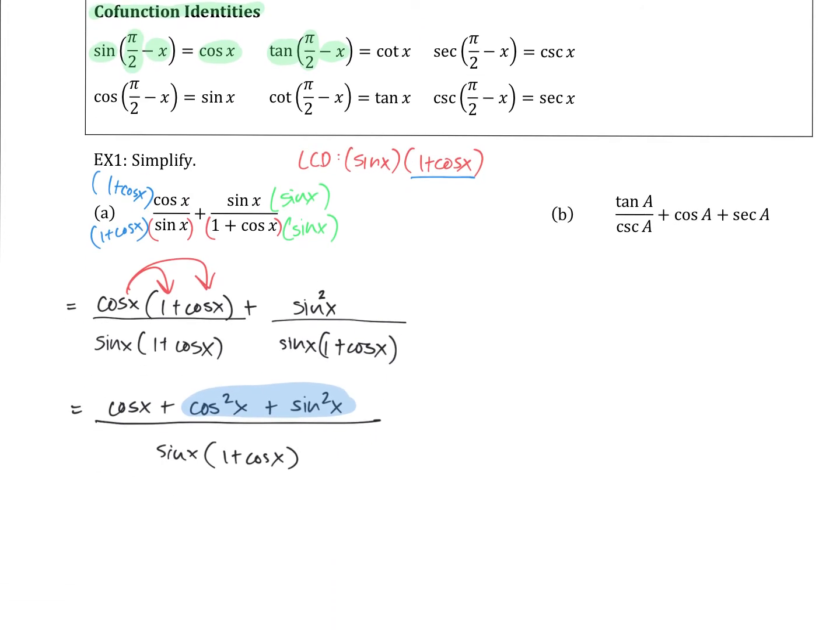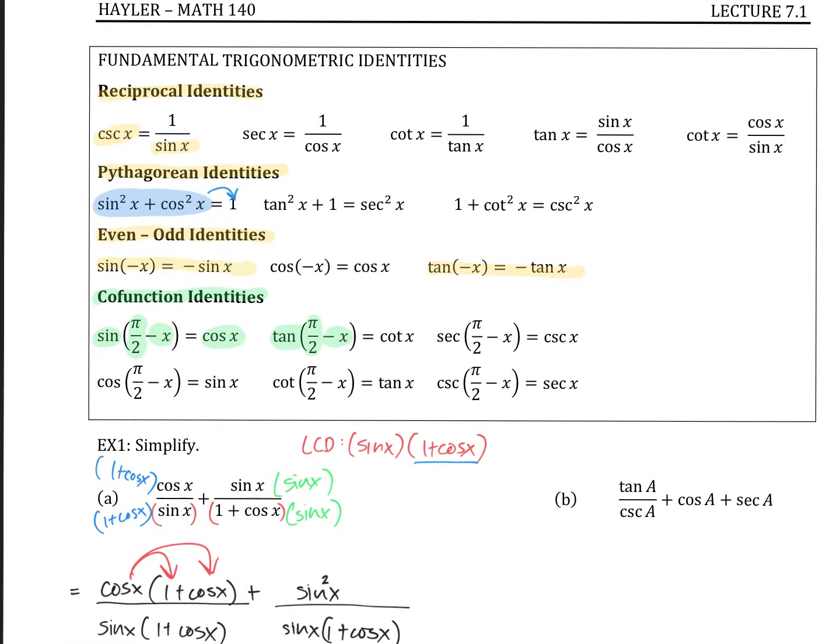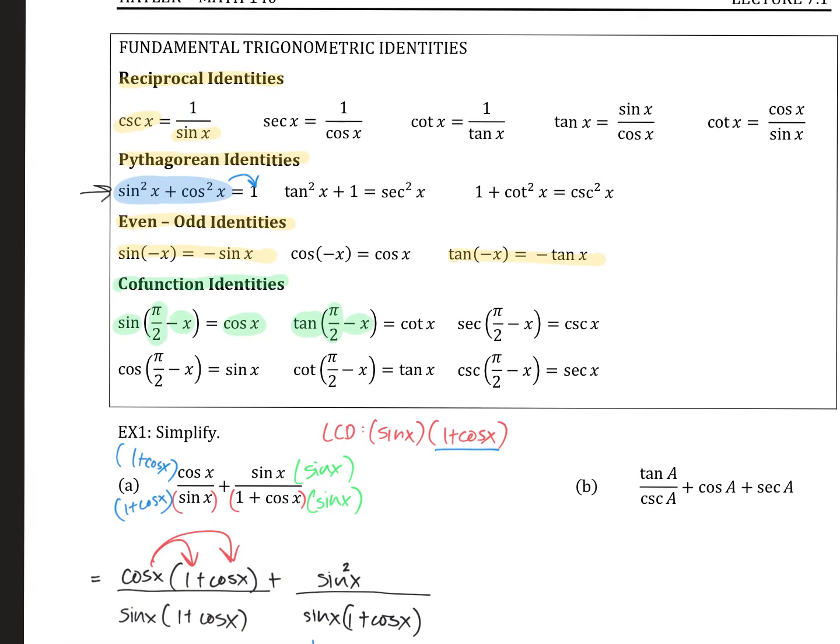So I can sub that out, and I'm slowly getting a more simplified expression: cosine x plus 1 over sine of x times 1 plus cosine of x. Once again, I substituted out sine squared x plus cosine squared x for 1. And why could I do that? Because it's from this Pythagorean identity right there.